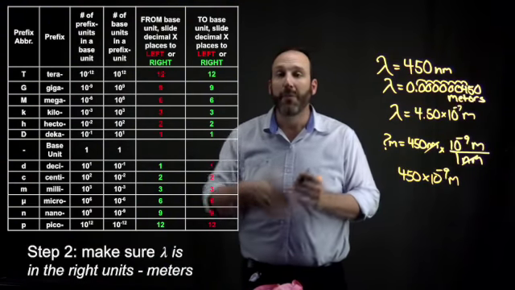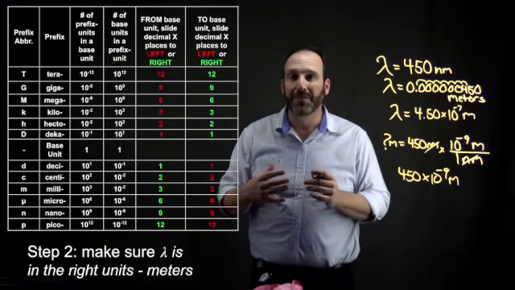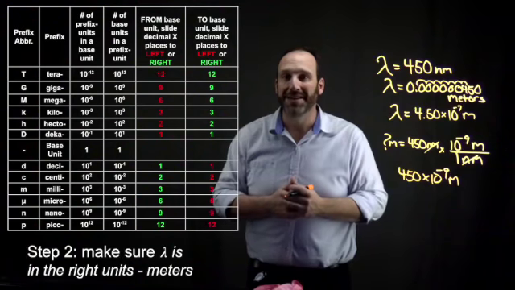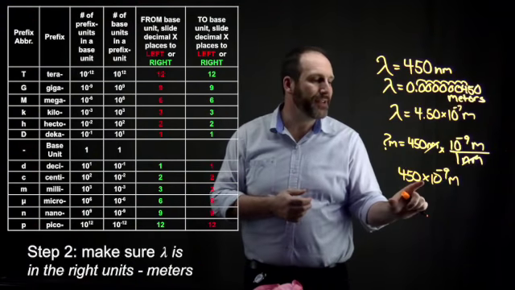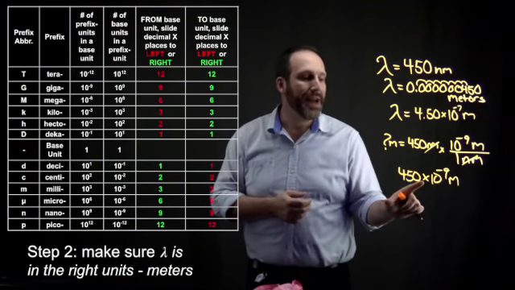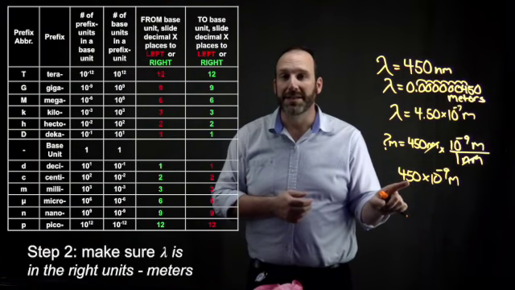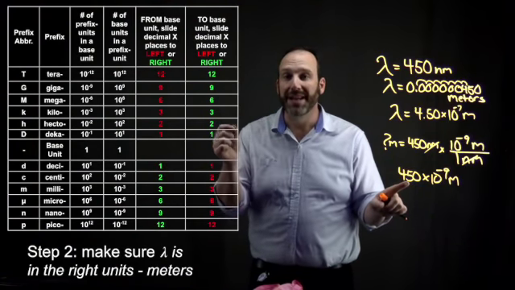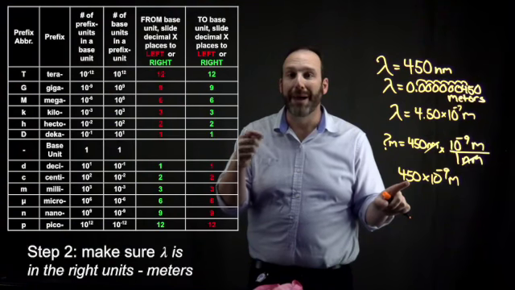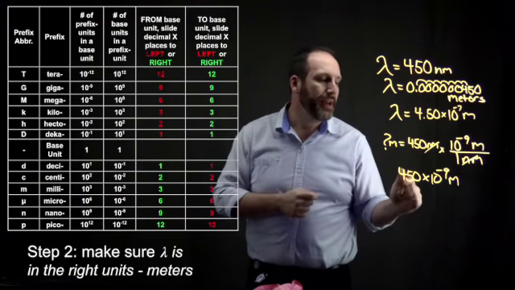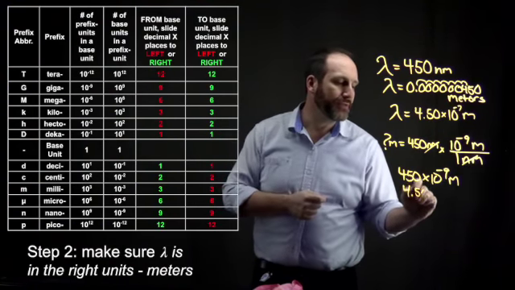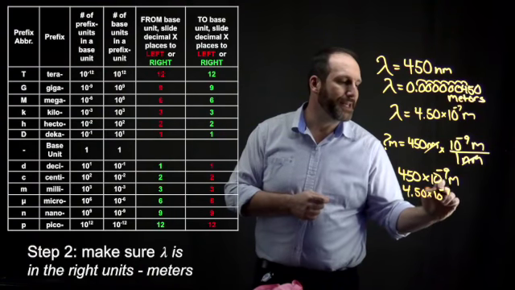And if I wanted to convert that to technically correct scientific notation, then I would take this implicit decimal here and slide it 2 places to the left, which would make my exponent more positive, and so this would become 4.50 times 10 to the minus 7 meters.